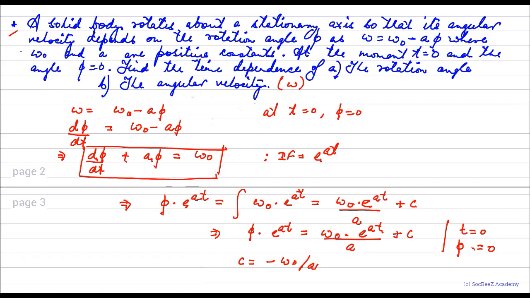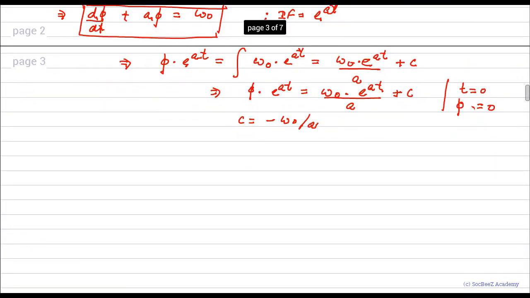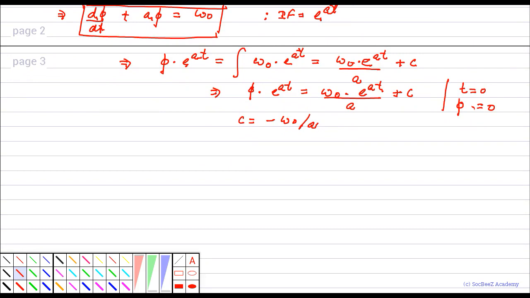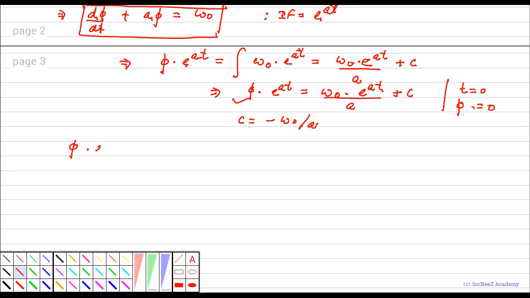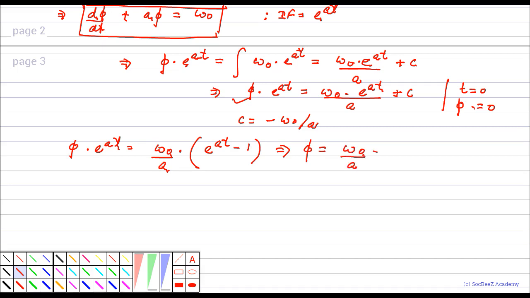So that gives me this expression as phi into e to the power at equals omega naught by a into e to the power at minus 1, which gives me the angular displacement as phi equals omega naught by a into 1 minus e to the power minus at.